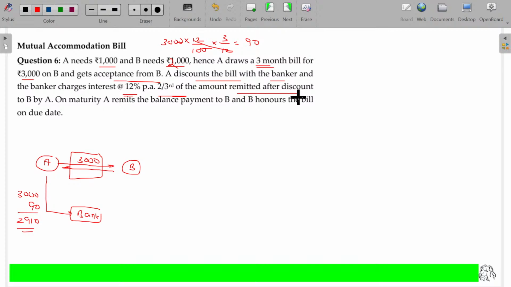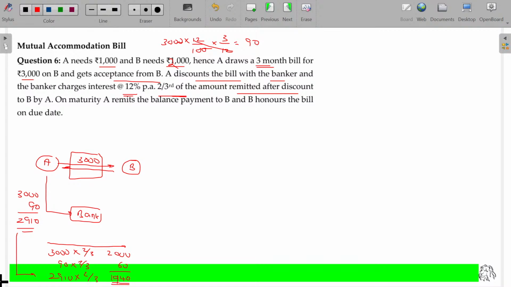Two-thirds of the amount is remitted after discount to B by A. Immediately, A remits two-thirds of 3000 rupees, being 2000, less discount of 60, which is two-thirds of 90. The balance is 2910 into two-thirds, 1940.